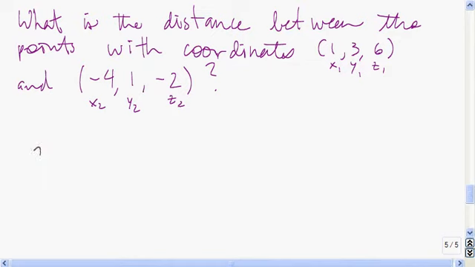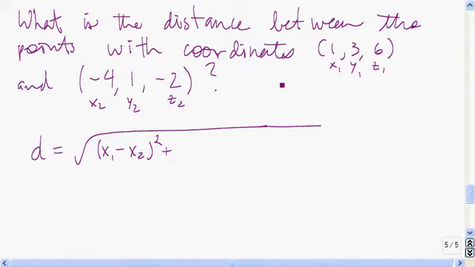Well, the distance formula says, to get that, I take the square root of x1 minus x2 squared plus y1 minus y2 squared plus z1 minus z2 squared.